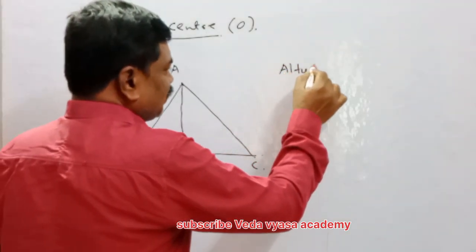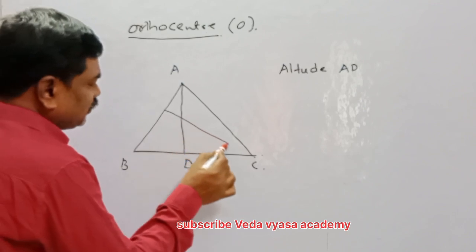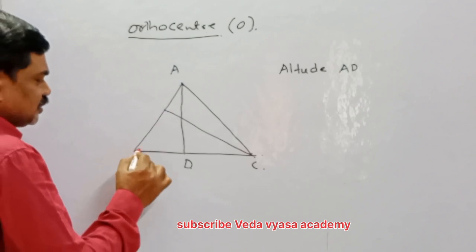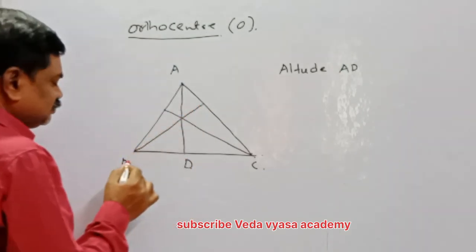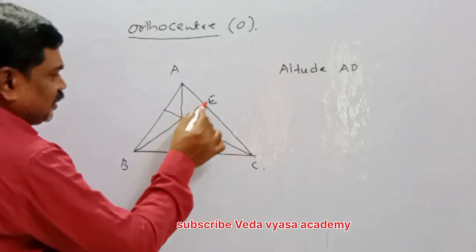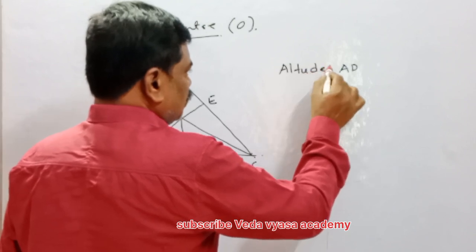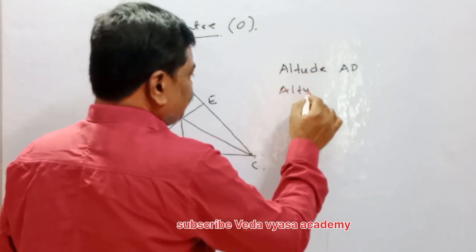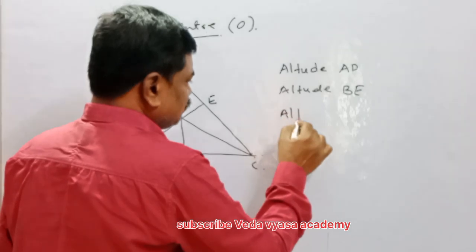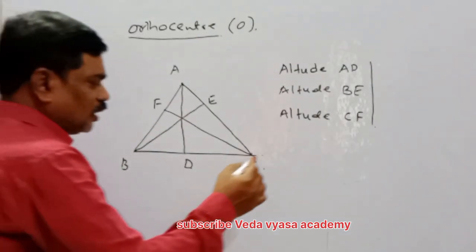This is the altitude from vertex C to the opposite side AB, and this is the altitude from B to the opposite side AC, which is BE. So the altitudes are AD, BE, CF.